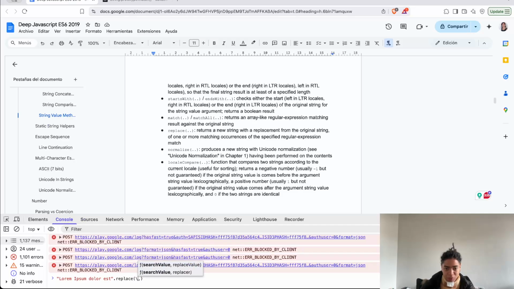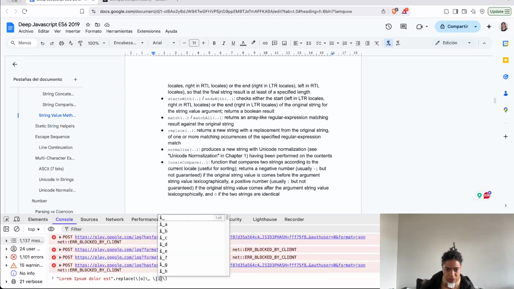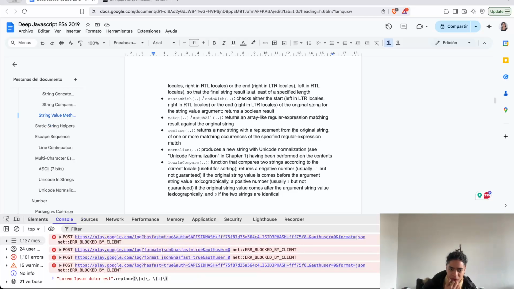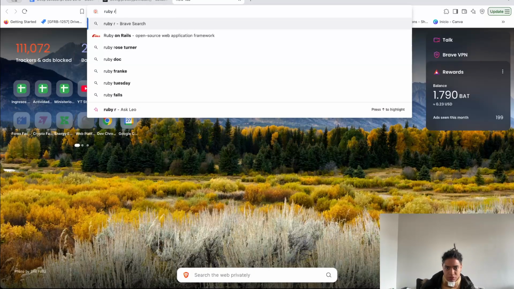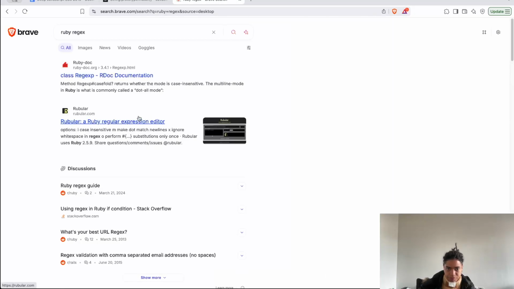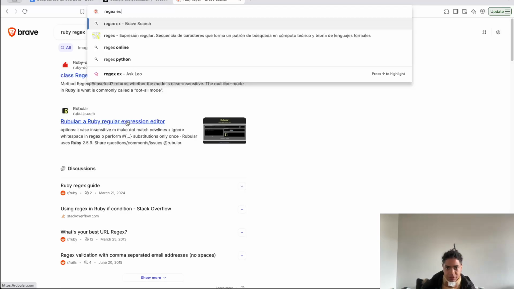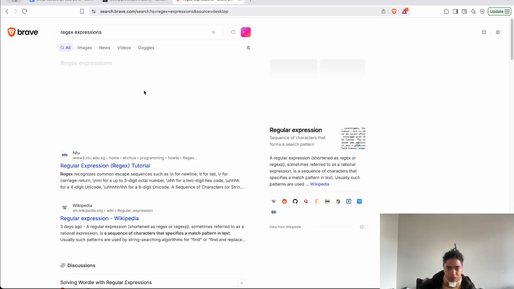However, if you pass a regular expression and say, find any letter O and replace it with E, I am not sure how you can say that in a regular expression. Let's look up the regex expressions.